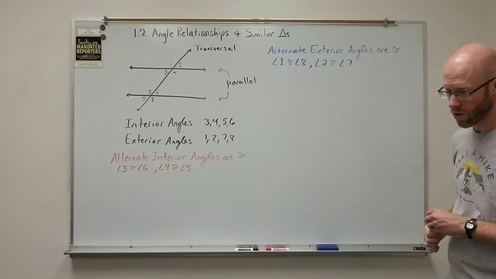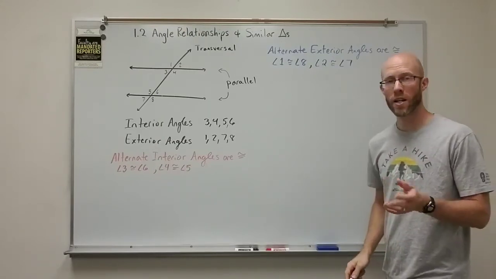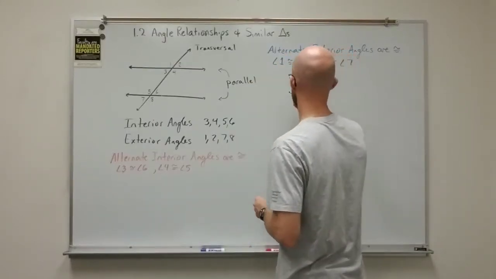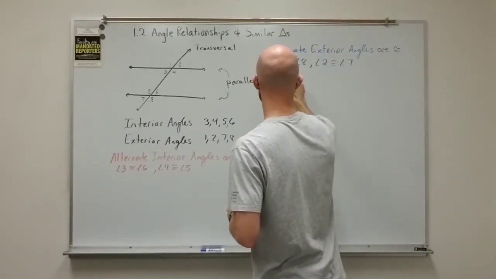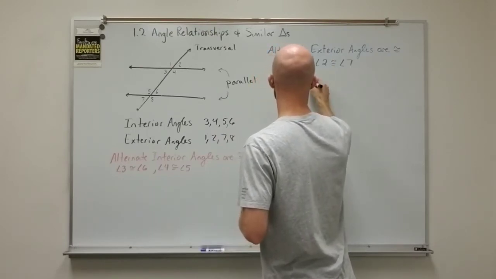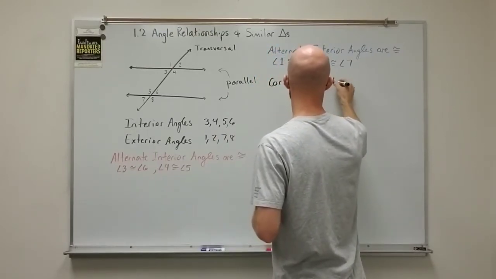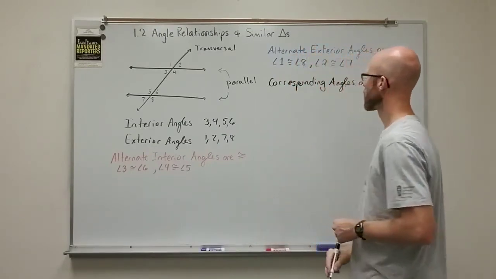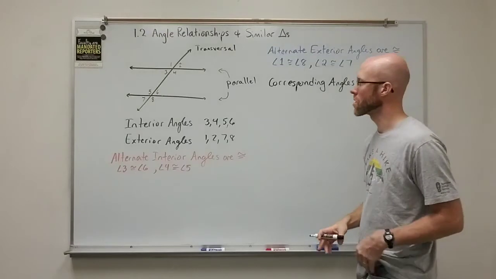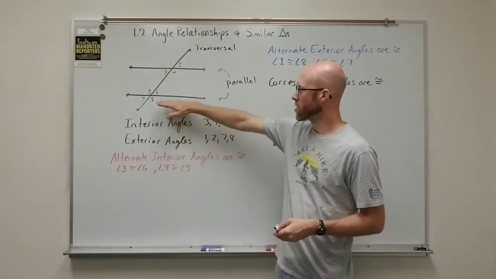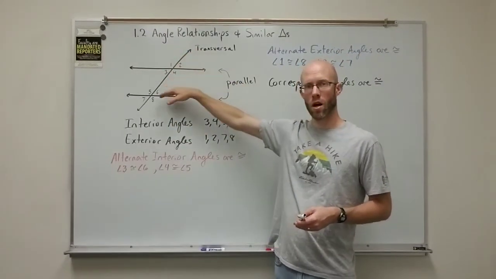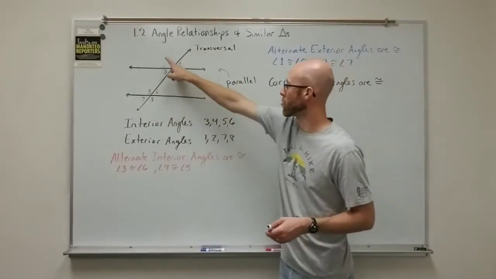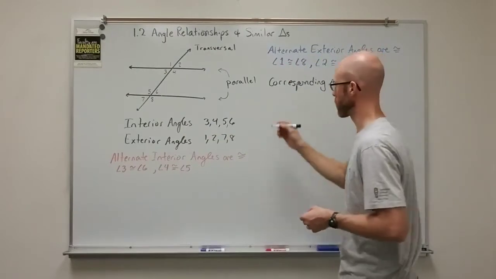We also know that corresponding angles are congruent. Okay, so let's take a look at what that means. Corresponding angles are congruent. So corresponding angles, we said, are angles that are in the same position relative to each parallel line. So angles 1 and 5, they're going to be congruent.